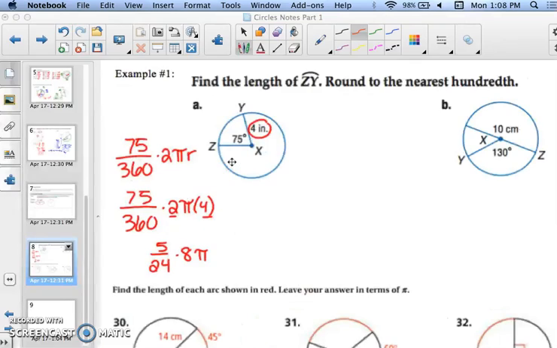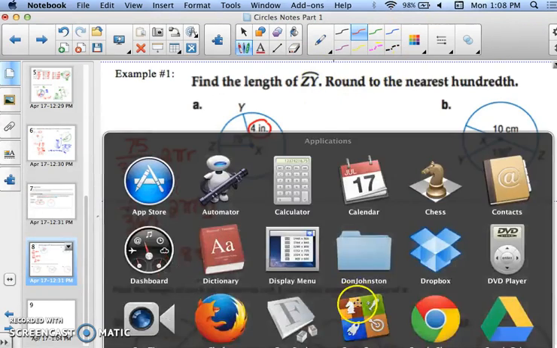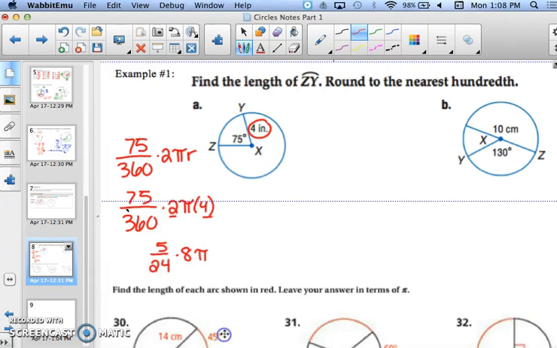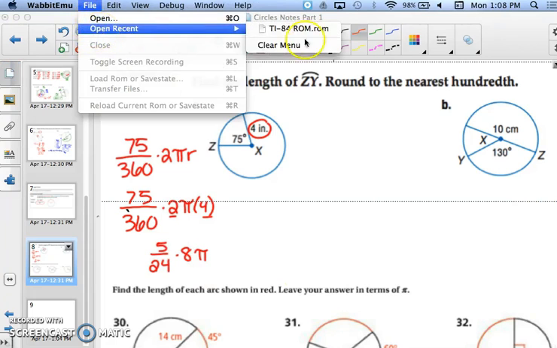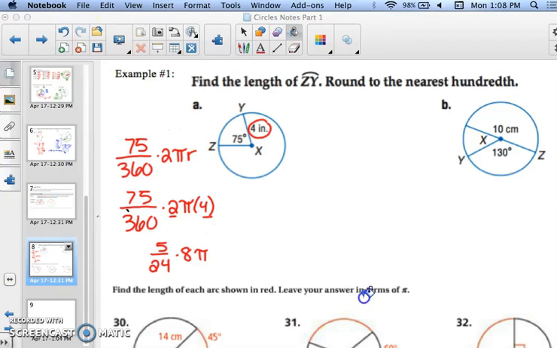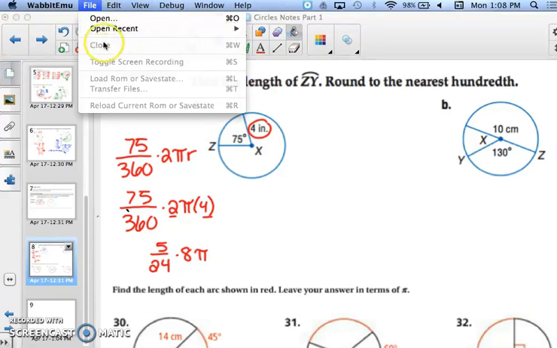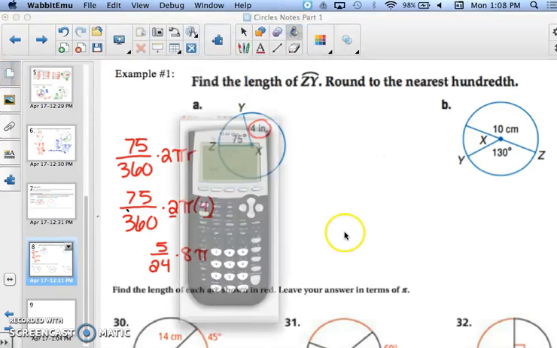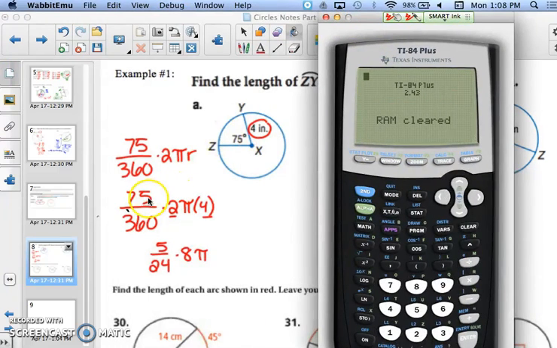So I'm going to type my fraction into the calculator. Now you guys can use your green button, y equals enter, but mine does not work on this calculator. Alright, so I'm actually going to go back up here. I'm going to type 75 divided by 360, and that's how I got 5 over 24.